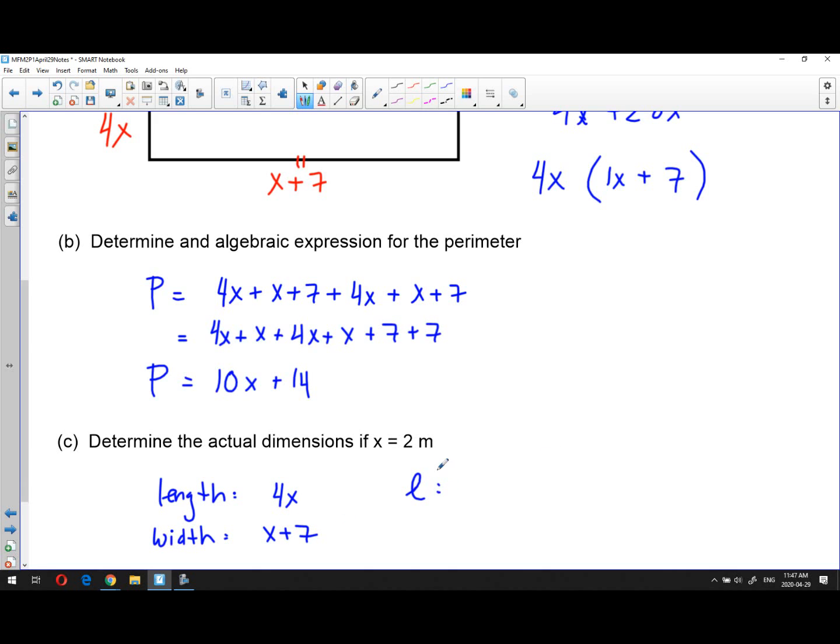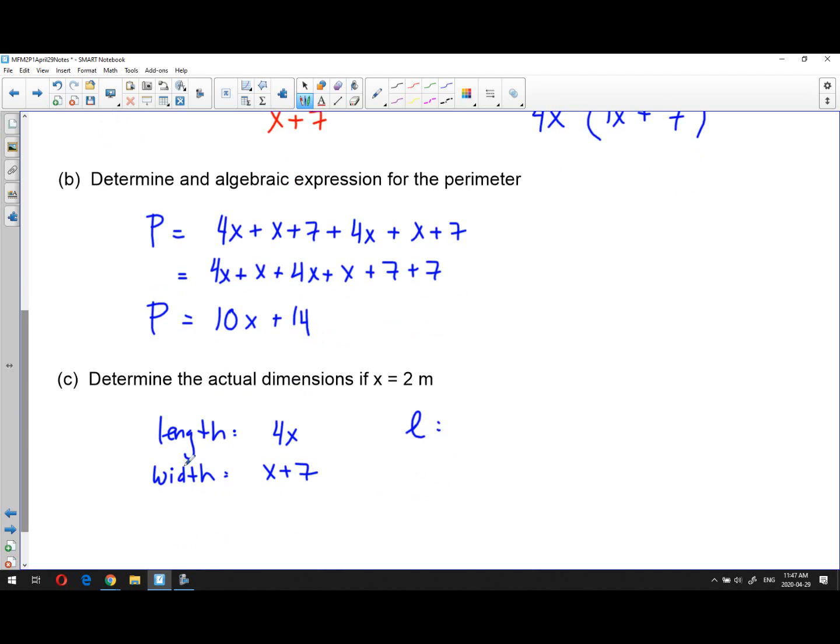Well, if we know that x is equal to 2 meters, that has to mean that the length is going to be 4 multiplied by 2, which is going to be 8 meters. And the width would have to be x plus 7, so instead of x, 2 plus 7, which would be 9 meters. So these would be the actual dimensions if we are given a value of x.